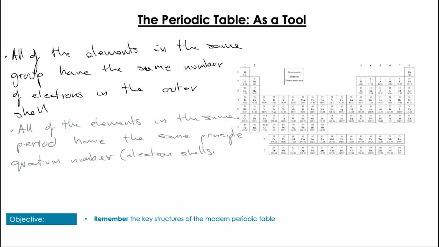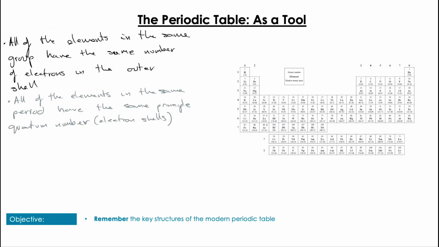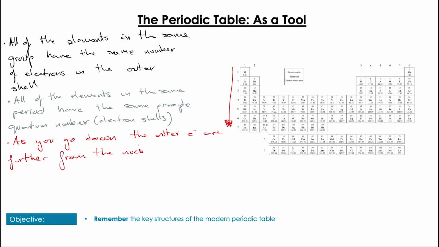What does this imply? Well, it implies that as we go down a group, the outer electrons are going to be further away from the nucleus. This may seem obvious, of course they're going to be further away from the nucleus. The atoms are larger because they have a higher principal quantum number.